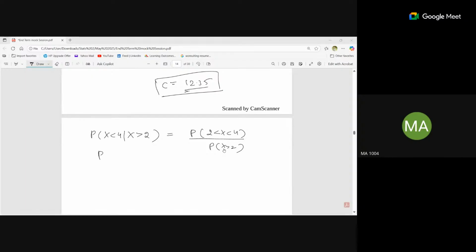Now you need to find out this value and this value. The denominator I can write as 1 minus the probability of x less than 2. And in the question also, the PDF is given, right? So you need to find out both of these values. Fine? Yes, ma'am. Any other question?